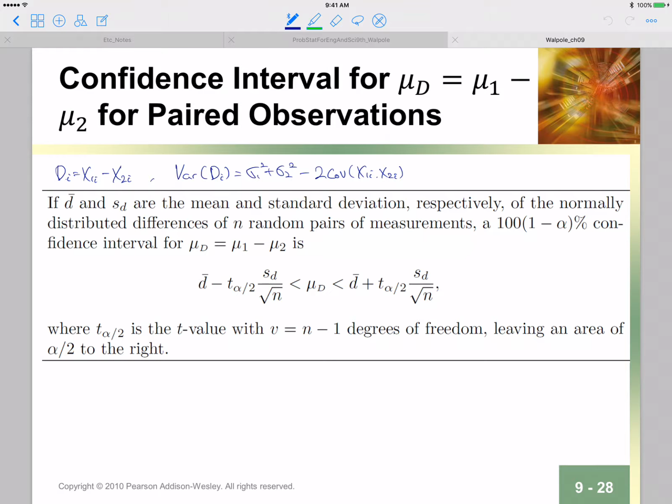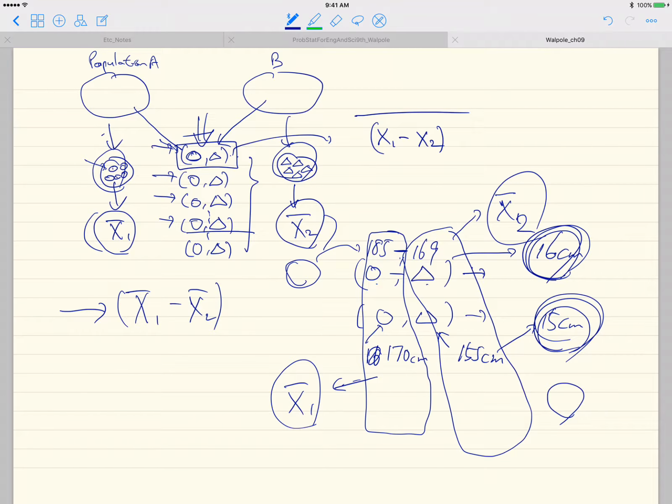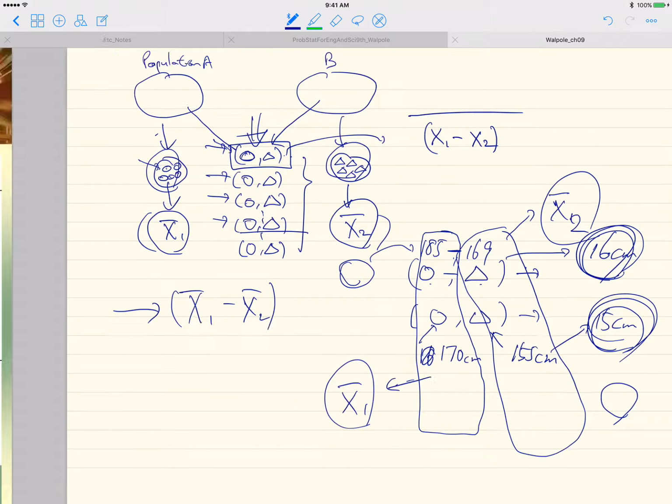Okay, so in this case, if we do not know the true variance, then this random variable d bar, which is just a difference between a pair of observations, like 16 and 15, still follows the t distribution, just like the separate sample cases.